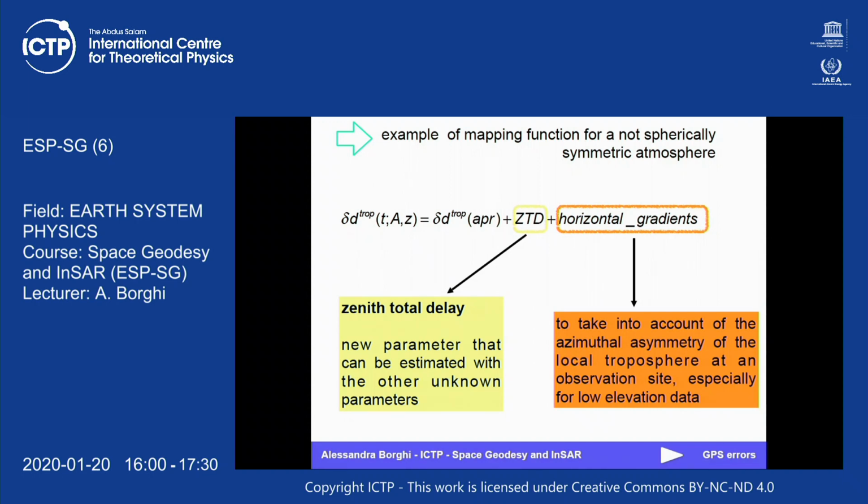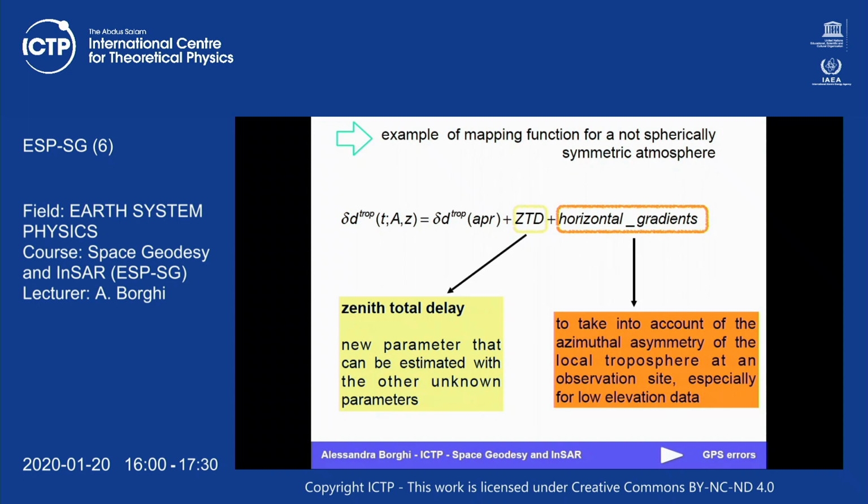Now we use receivers that can perform measurements at 1 Hz, or even higher, 20 Hz, 15 Hz. So the number of observations that we have at the end of a daily observation, after 24 hours, is really big. So we can introduce other parameters without any problem in our estimation, and this way we improve our estimate.